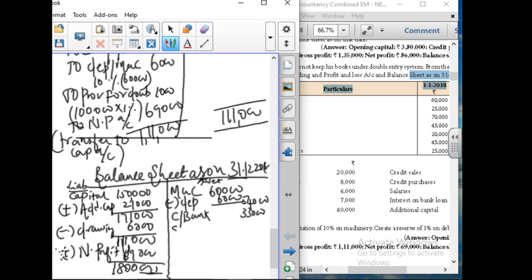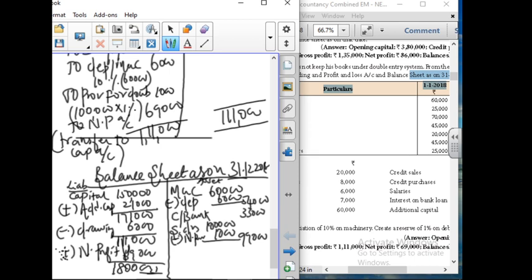And sundry debtors is there 1 lakh, and minus your bad debts, that is new provision. New provision comes around 1,000. So your balance is going to be 99,000 in the outer column.